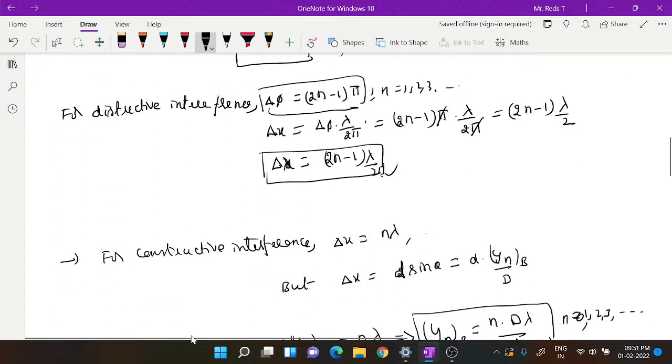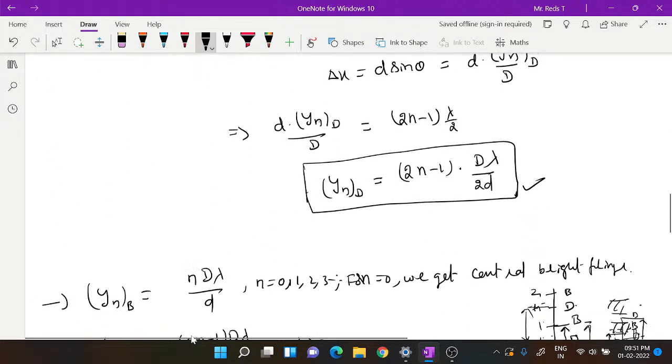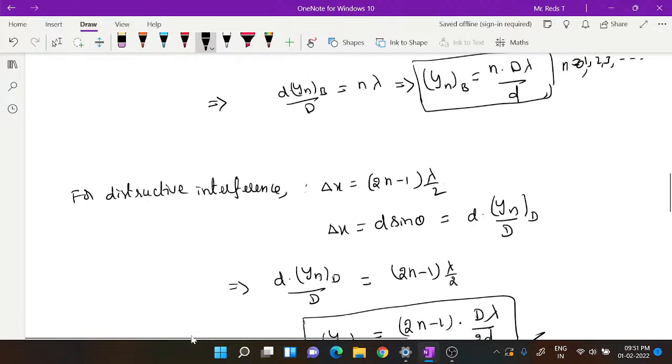Usually, capital D should be much greater than small d for sustained interference to take place. The distance between the slits and the screen should be much greater than the separation between the slits. If not, you cannot observe it. The separation between the slits will be very small, on the order of millimeters, whereas the wavelength of the light should be on the order of nanometers. In some cases, it may be given.